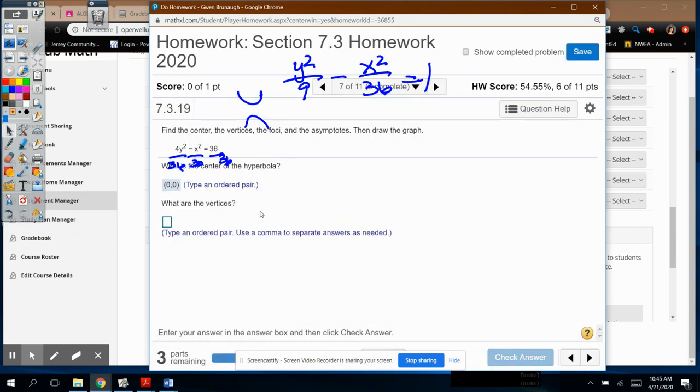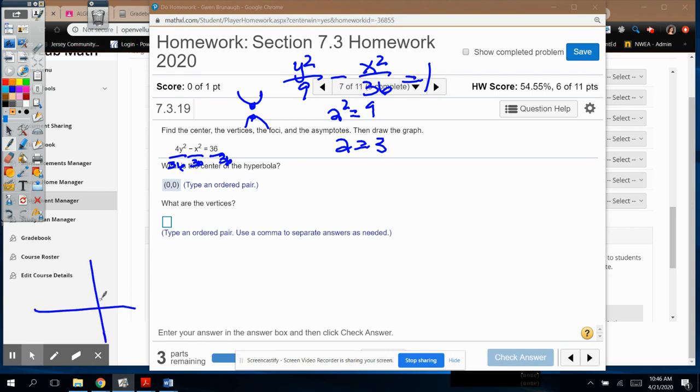They're going to ask you for the vertices. The vertices come from a, and a is what's first, not what's biggest. So a squared is 9, and a is 3, and that's in the y direction. So I'm going to go up or down 3. So if I have a little sketch here, where are those points? 0, 3, and 0, negative 3.